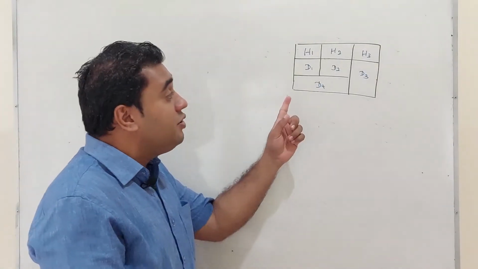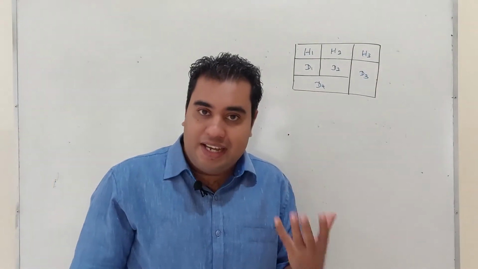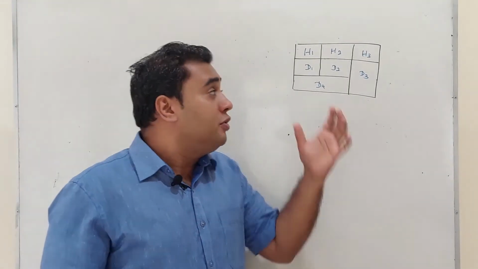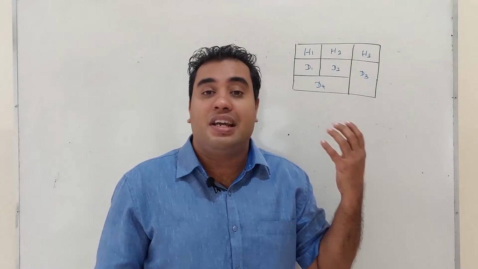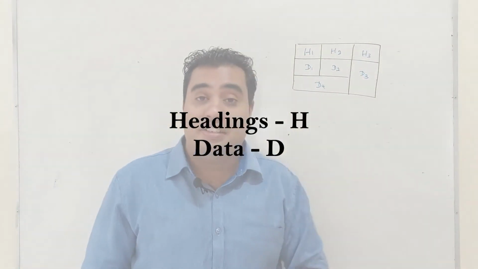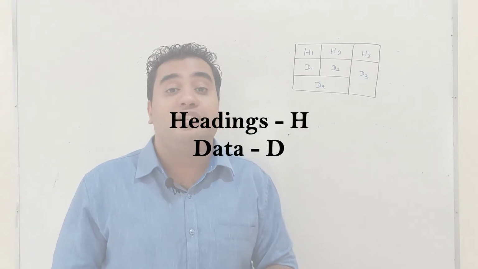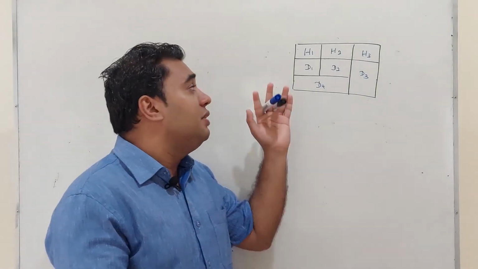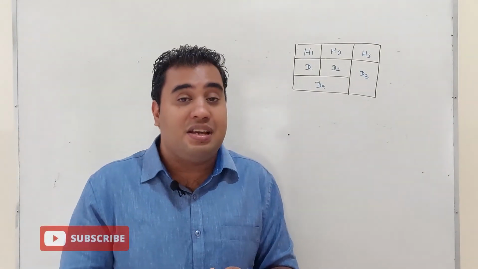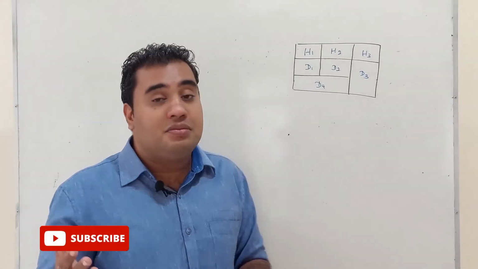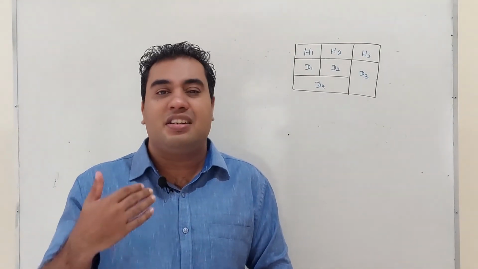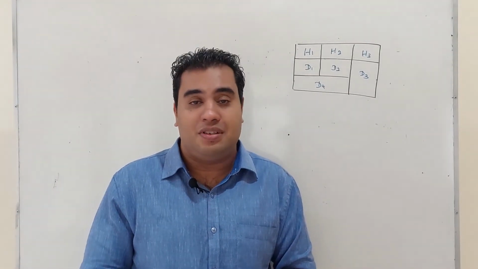Okay, let's try to create this table structure in an HTML page. In this, I have represented the headings of the table using H and the data using the letter D. So H1, H2 and H3 are headings of the table columns, and D1, D2, D3 and D4 are data used within that table.